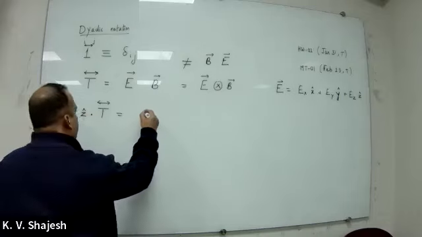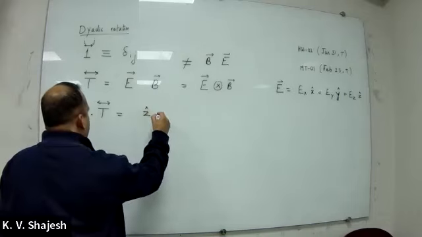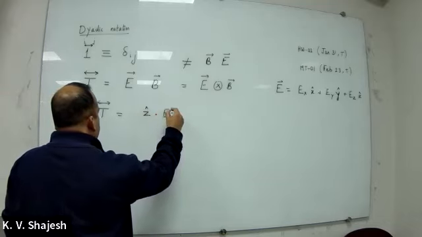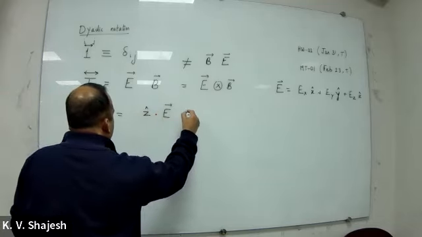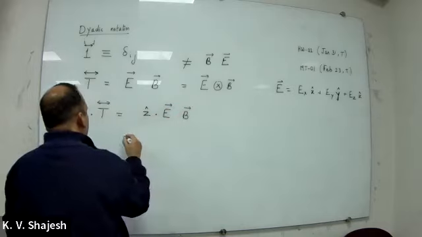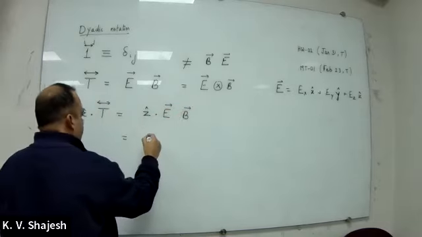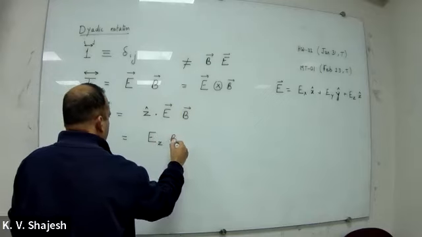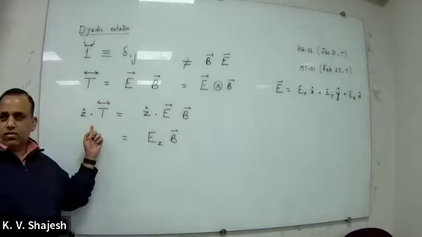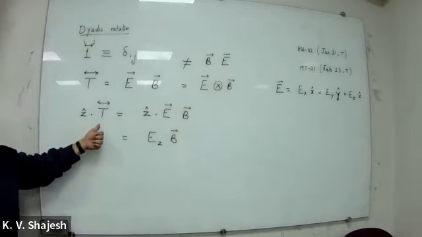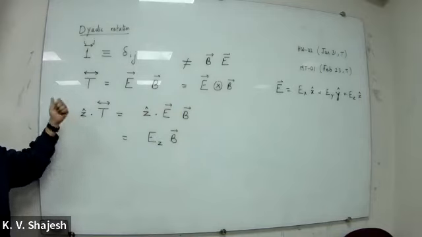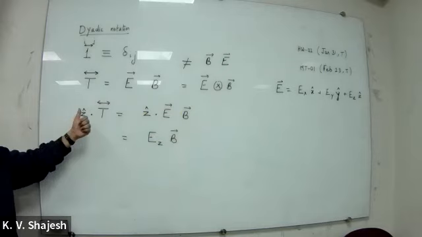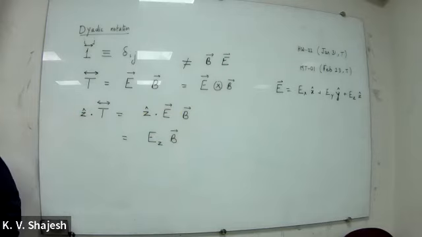So this means z hat dotted with E times the magnetic field, which means that z hat dot E is Ez. Notice this is a vector, right? I have contracted or taken a scalar product with the index on the left, if you want.